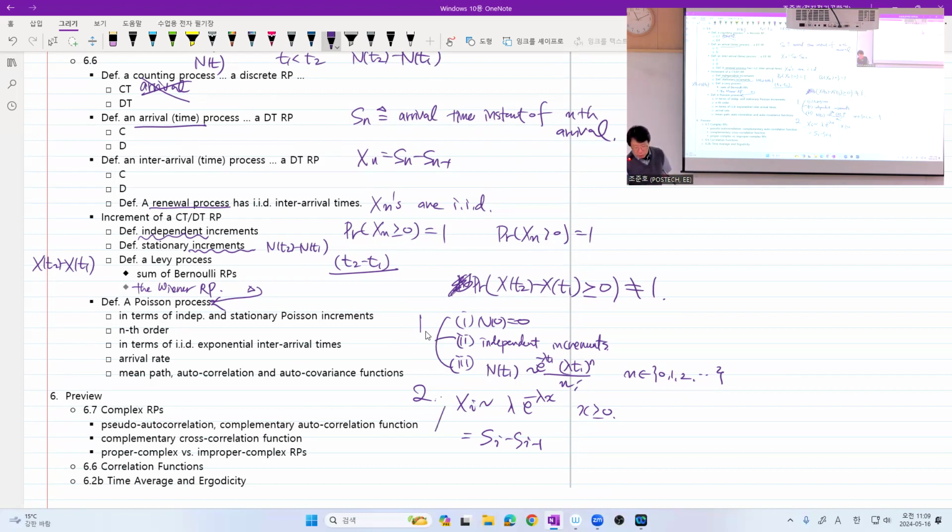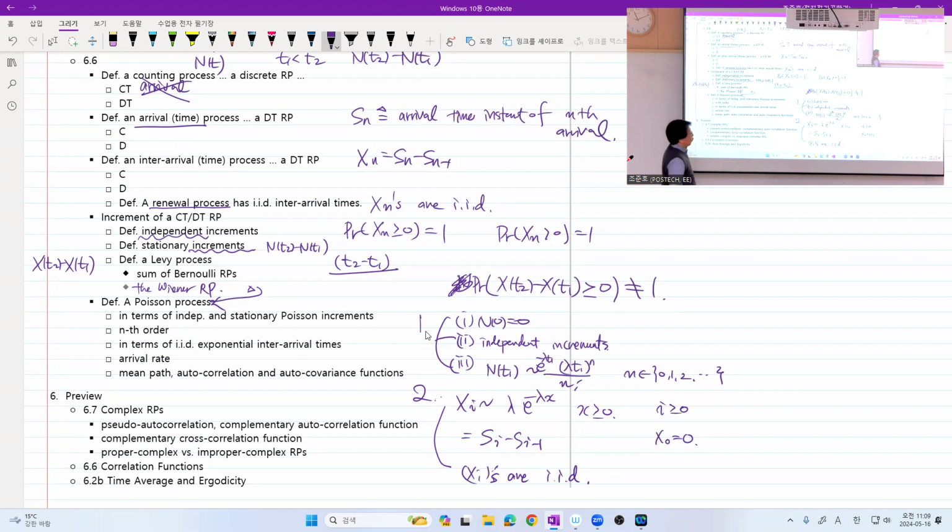Not only this exponentiality, but also we have what? IIDness of these random variables. By the way, this is for i greater than 0. And of course, S0 is defined as 0 for convenience.